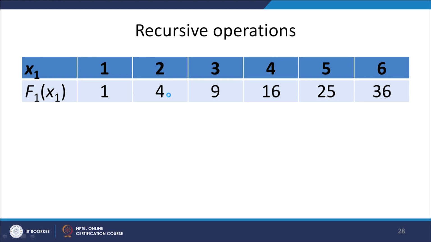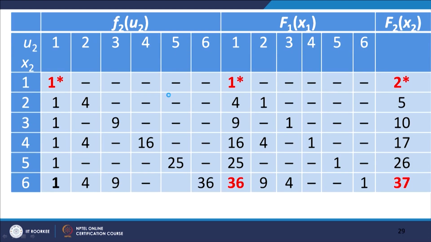So, the recursive operations are shown here: the x1 and f1(x1) for 1, 2, 3, 4, 5, 6 are given in the problem, and this table illustrates the value of f2(u2) and the value of f1(x1) and f2(x2).